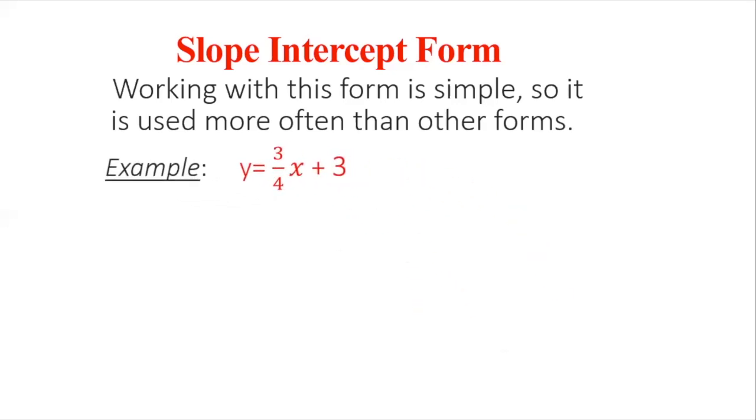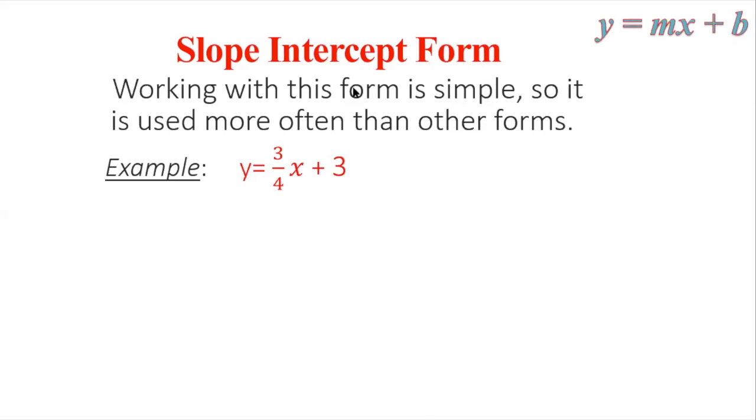So now let's look at an example here. We have y equals 3 divided by 4x plus 3. When you are given an example as such and you're asked to find the slope, first you have to make sure that your equation is in the form or something that looks like y equals mx plus b.